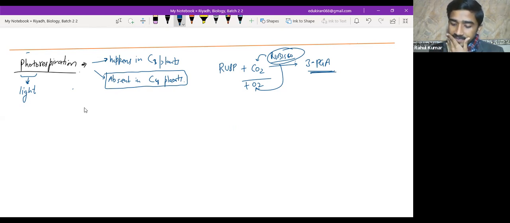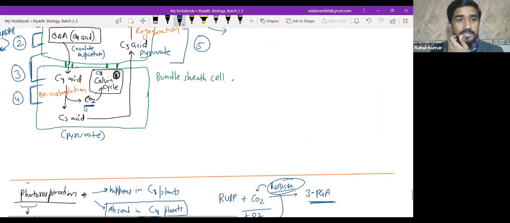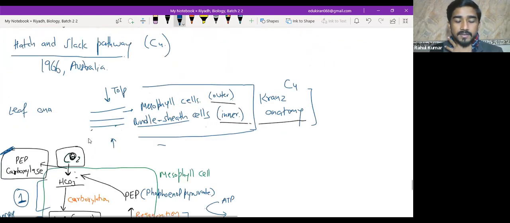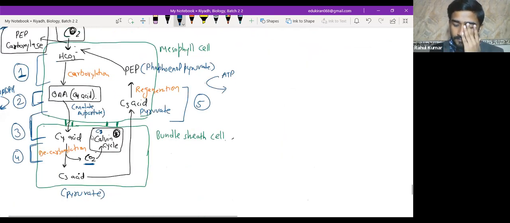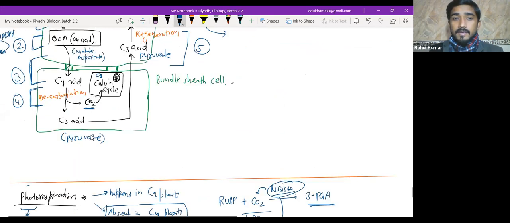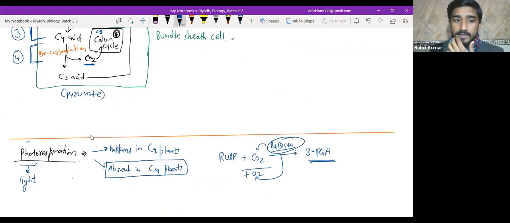And they have a mechanism, using PEP through PEP carboxylase, that increases the concentration of carbon dioxide that is available to the Calvin cycle.